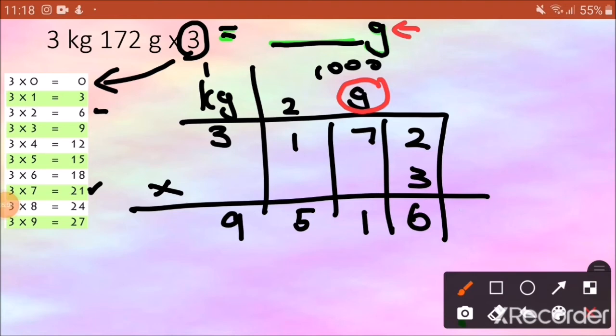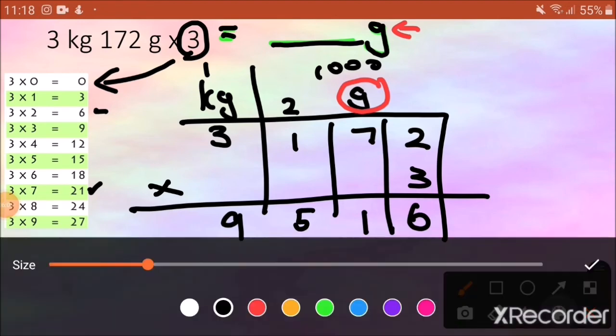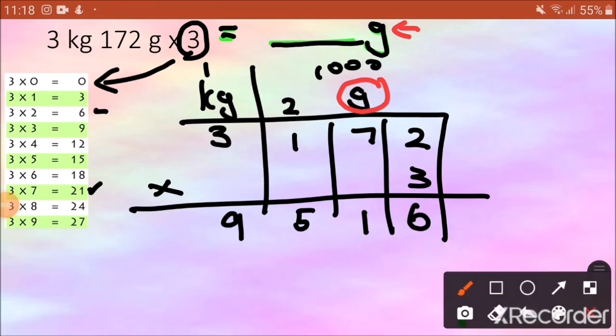It's very easy. Just straight away copy the answer, because on your level you don't have decimal numbers. Just copy only 95116. As I said, the calculation method is going to be the same for liters and ml. Just change the unit.